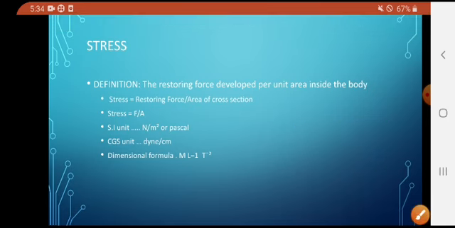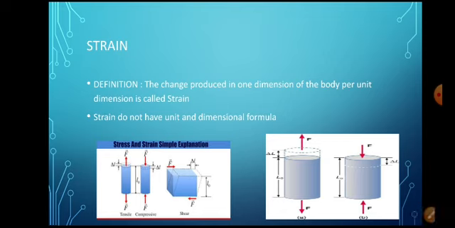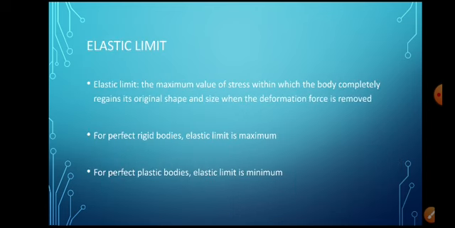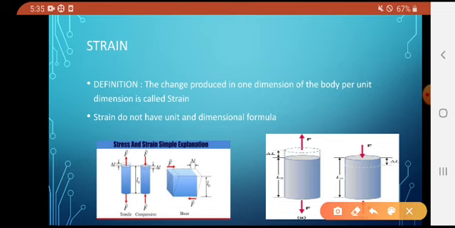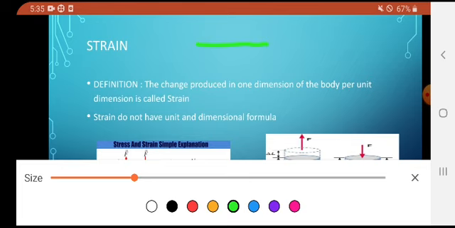And strain also has three types: the longitudinal strain or linear strain, next the volume strain, and another one the shearing strain. Here in strain, longitudinal strain means the change in length. For example, this is an iron rod, you are applying some force, its length increases.